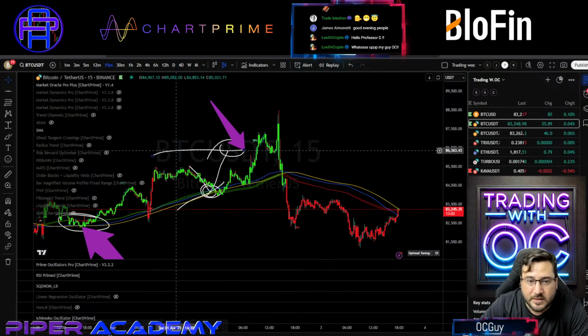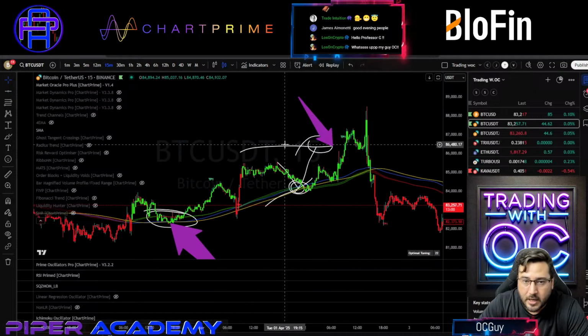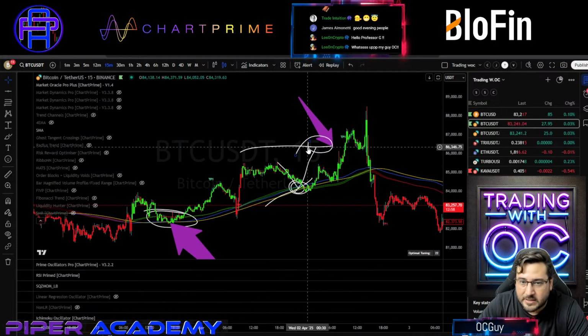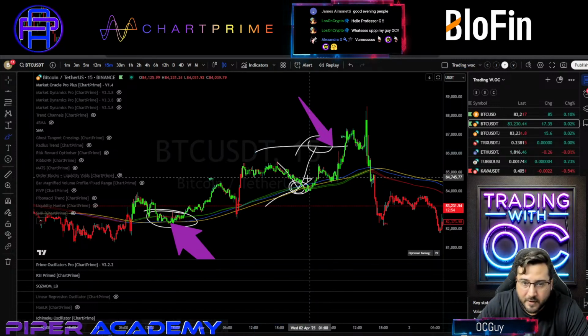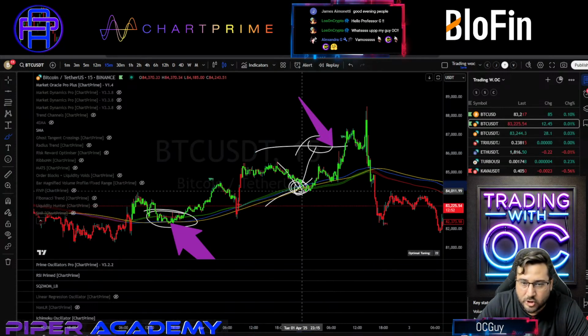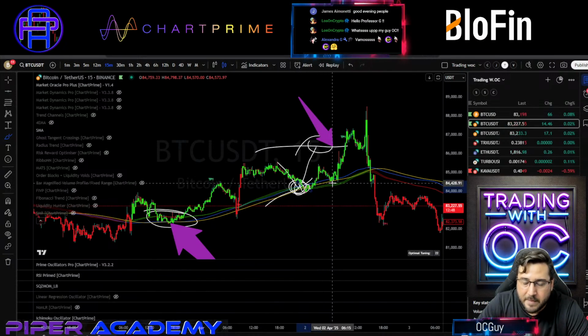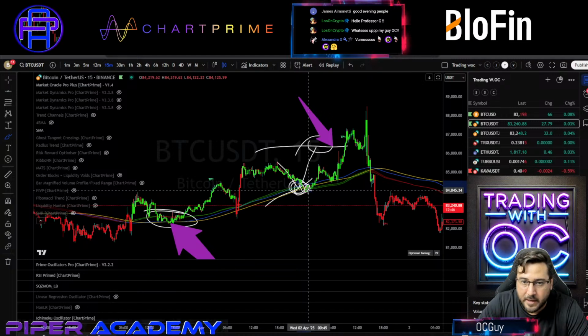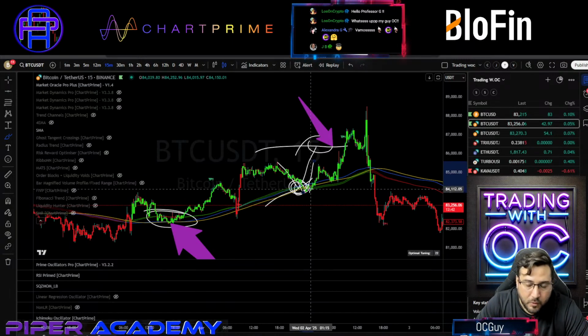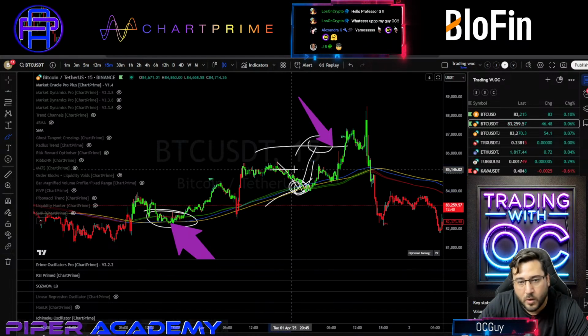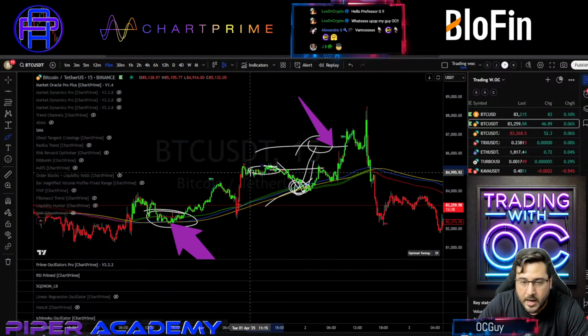This is where we left it off, right? As an entry on the retest, taking profits at this area right here. What happened? Perfect entry right here. It drifted a little bit below, a double bottom on both our dynamic reactor and SMA combo. Went up. What we should have done is move our stop to entry at TP number 1, because we are at previous resistance.